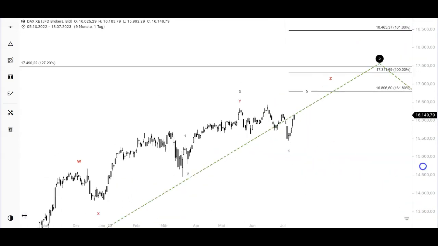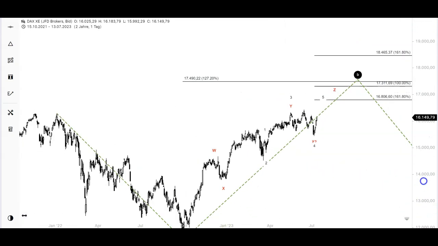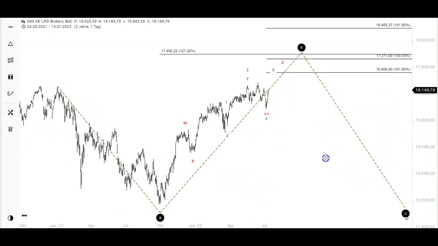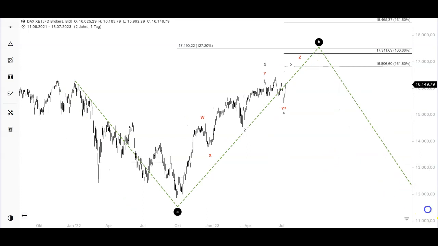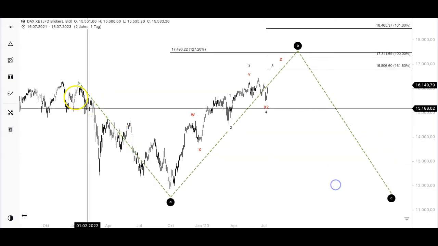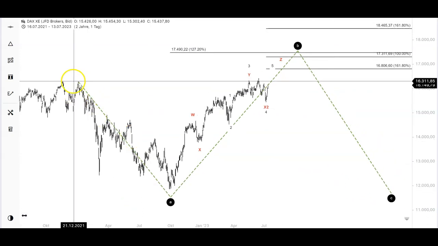And once we zoom out even more, we come back to that big correction from the all-time high coming from late 2021.